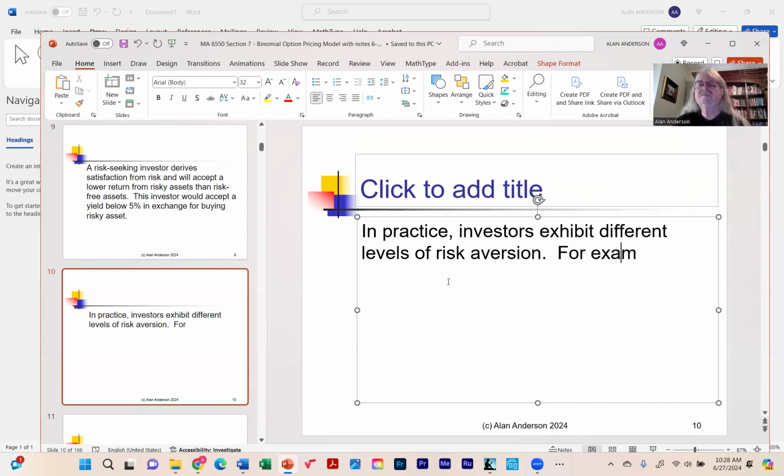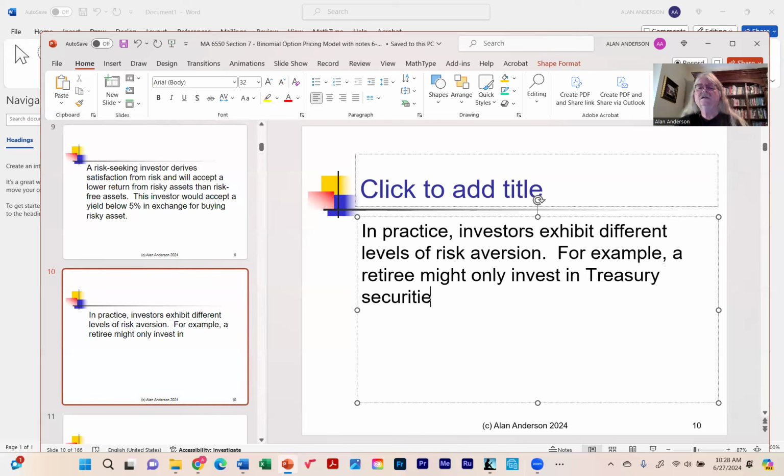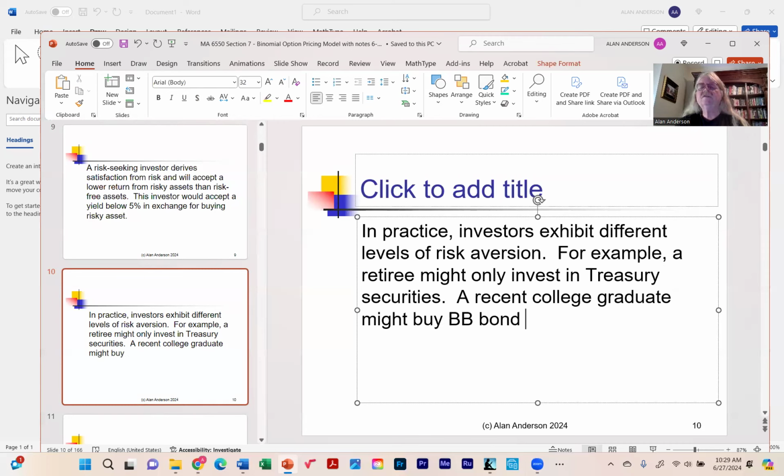For example, a retiree might only invest in treasury securities because they don't want to lose all their money after they've retired. A recent college graduate might buy a double B bond with a very high yield.